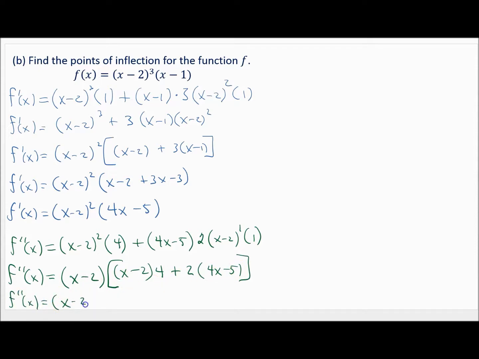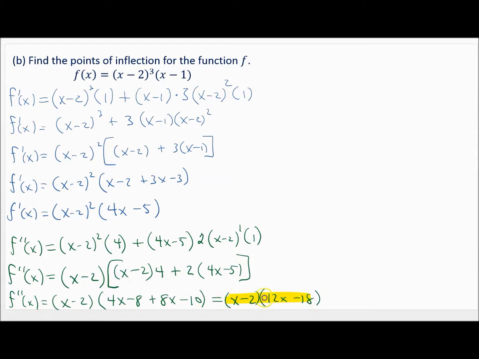So I have x minus 2, and I also have the 4 distributes, so it's 4x minus 8 plus 8x minus 10. So if I rewrite it right out to the side, that's x minus 2 times, now 4x plus 8x is 12x, and then negative 8 minus 10 is minus 18. So that is my second derivative.